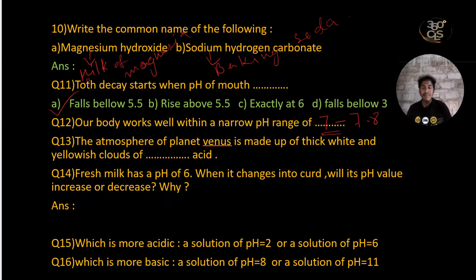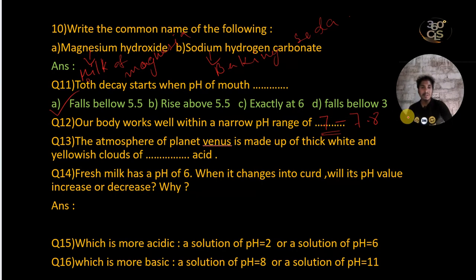If the pH value falls below 7, our body will not work properly and we will fall ill. And if it exceeds 7.8, then also we will fall ill. So our body can only work well when the pH range is from 7 to 7.8.